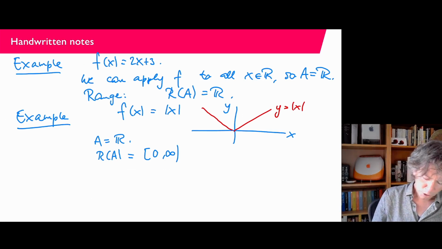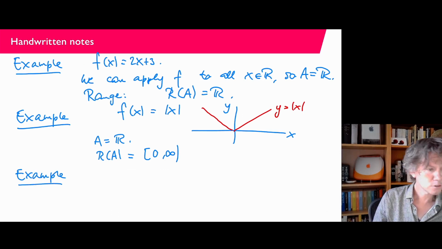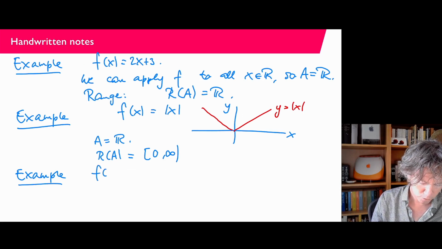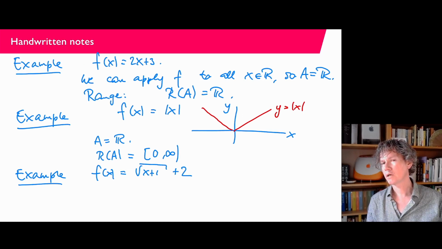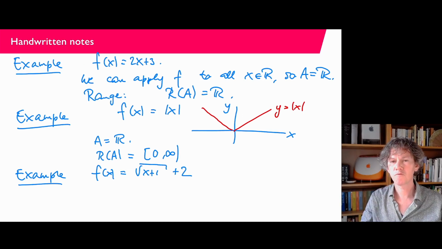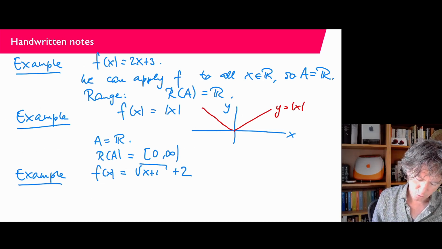And finally, one more example. Let's consider the function f of x is the square root of x plus 1, plus 2. So for which x values can you do this function? Can you put into this f? Which x values can you feed to f?